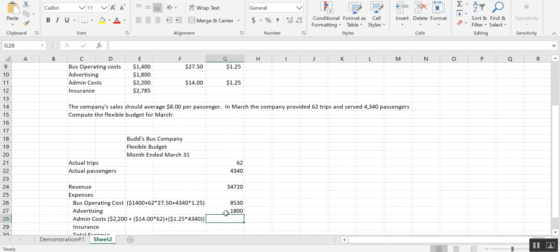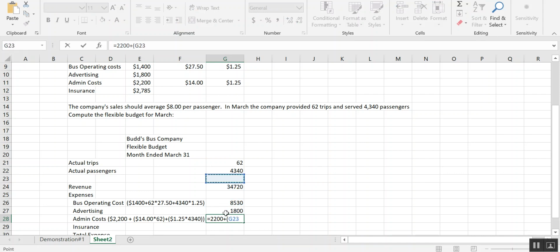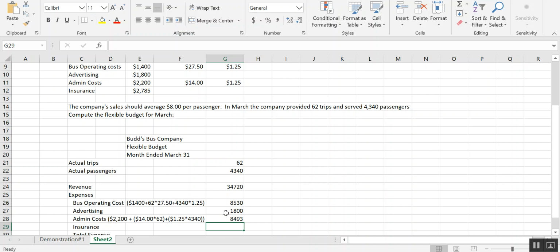And when we actually do the calculation, we have 62 times 14 plus 4340 times 1.25. We get $8,493 as the admin costs, okay?